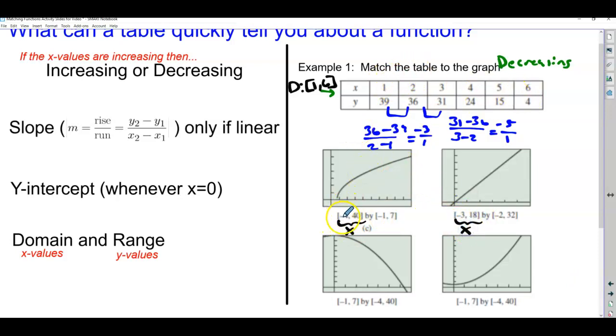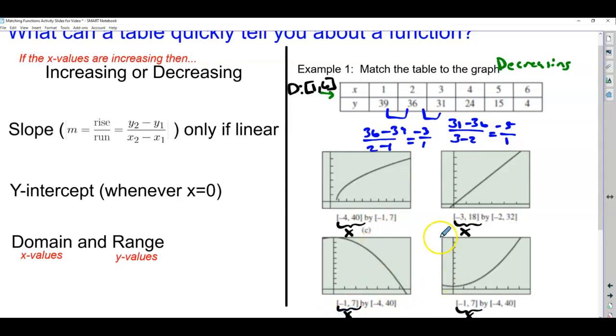You can see this graph goes from negative 4 all the way up to 40. That definitely contains 1 through 6. Here I go from negative 3 to 18. That also contains 1 through 6. And down below, those graphs also contain 1 through 6.